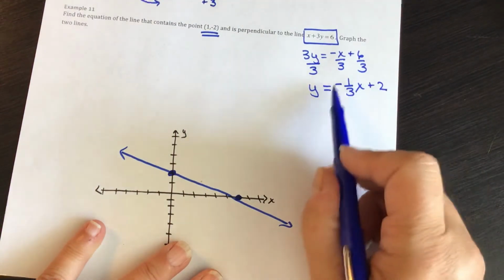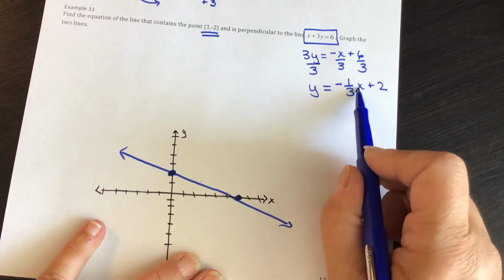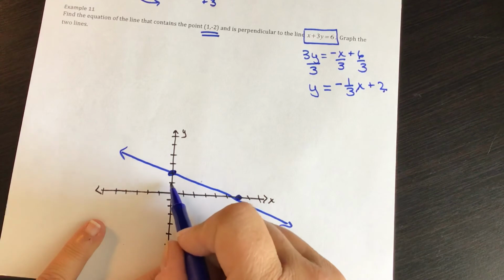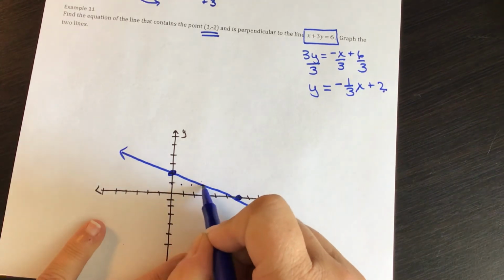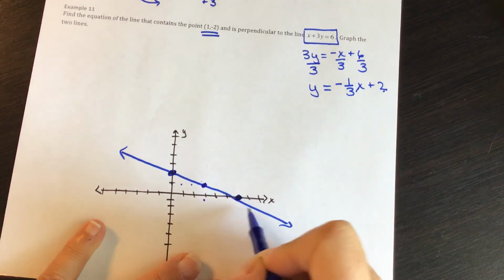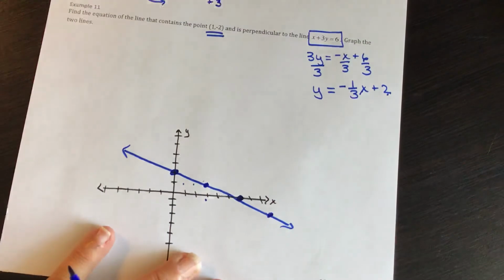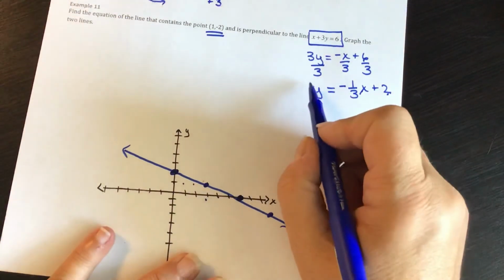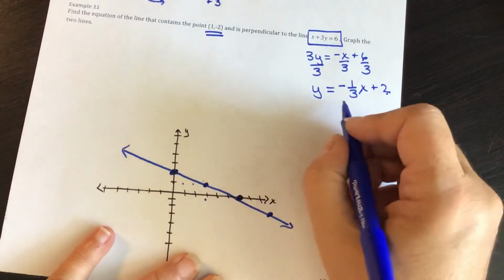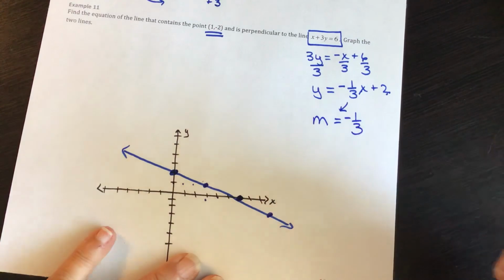Now, if I go back to my line, my y-intercept, if x is 0, y is 2. So I start here. I'm going down 1 over 3, down 1 over 3. So this is, again, the line that we drew with the intercepts. So if this is in slope-intercept form, I know that this slope is negative 1/3.